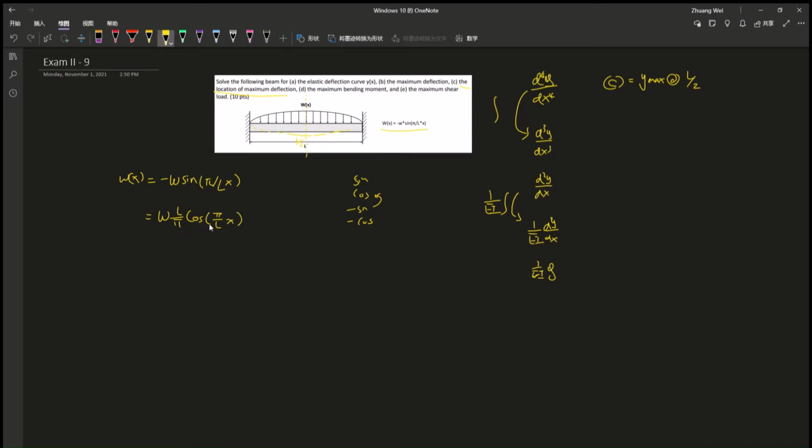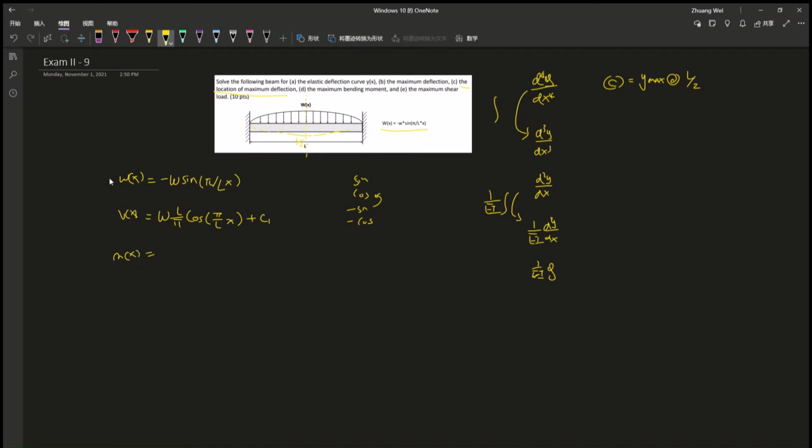You should be able to execute this integration pretty easily from your pre-calc stuff, I mean calc 1 or calc 2. If you're having trouble solving this, then this video is not going to help you too much mathematically. Moving on. So this is going to be shear, and this is going to be moment.